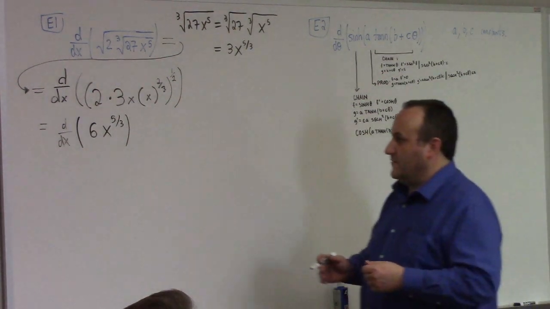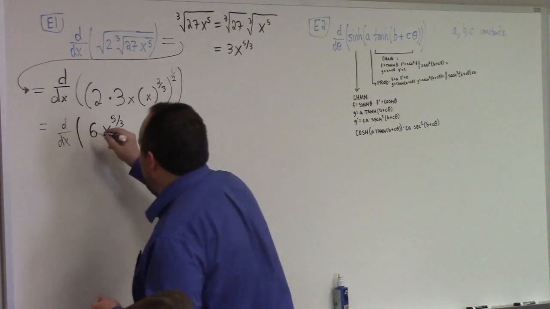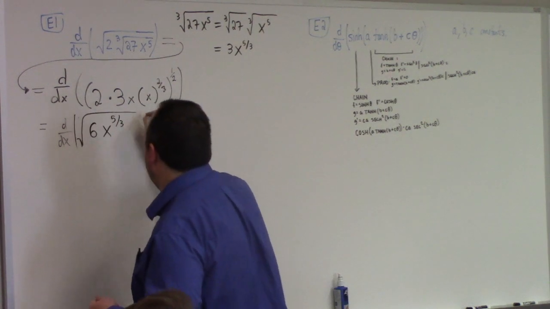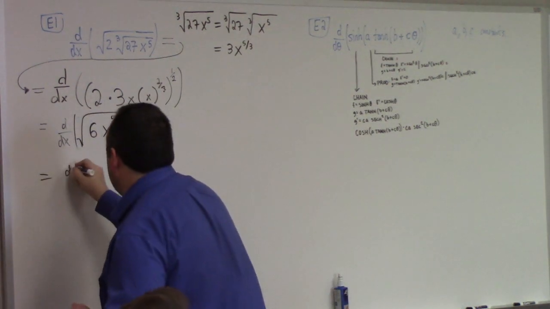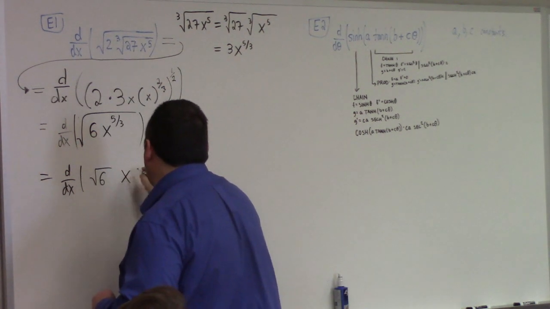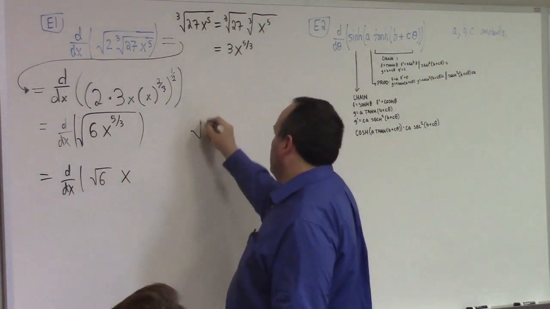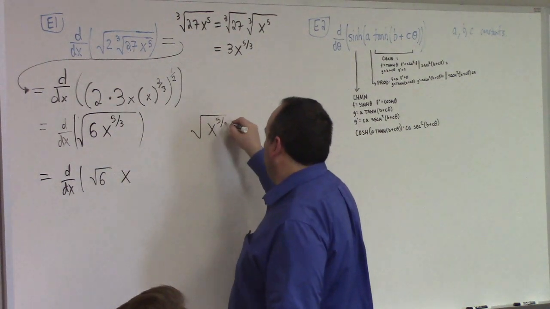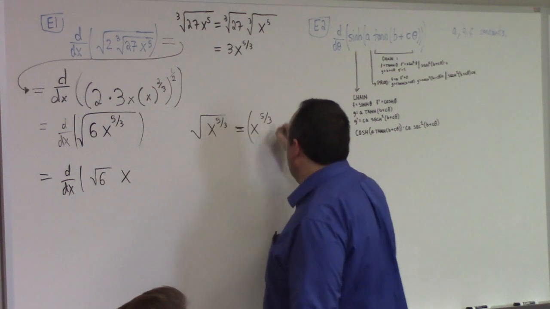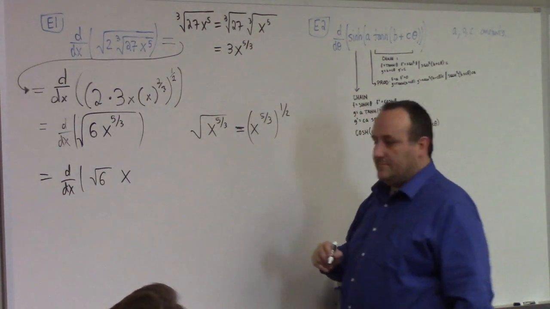The 1/2, right? That's square root. I need to take my own advice and not forget the overarching square root. All right, so let's try this again. That is d dx of the square root of 6 times x to the what? What's the square root of x to the 5 thirds? That is equal to x to the 5 thirds to the 1/2 power, right?